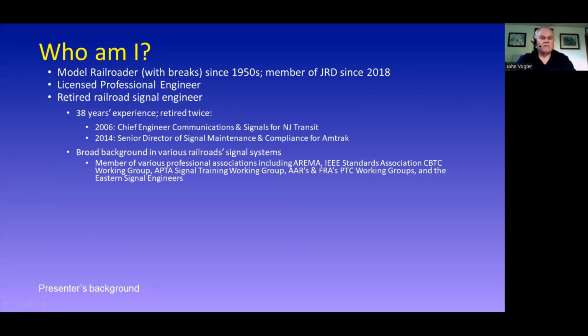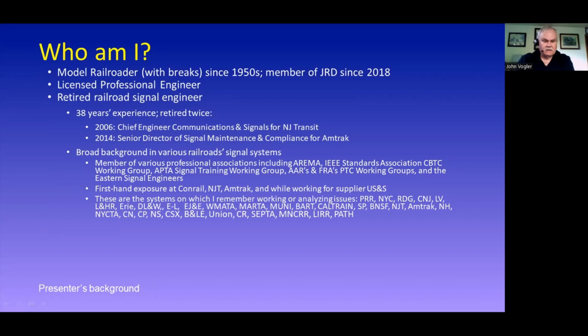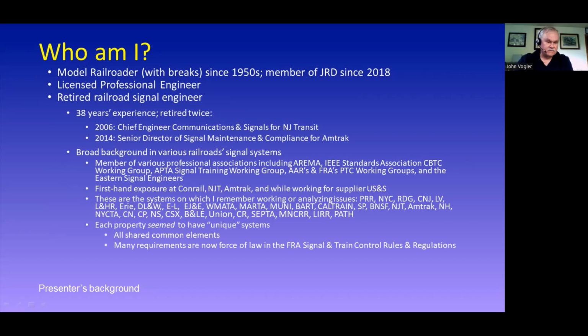I've worked on various different signal systems in my career, both at the railroads that I worked for and while I was working for a supplier. I also belong to several associations that gave me the ability to get the experience with all the other railroads. We used to meet regularly and discuss indications of significance in the signal business.